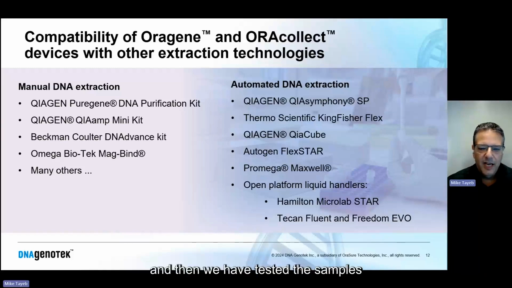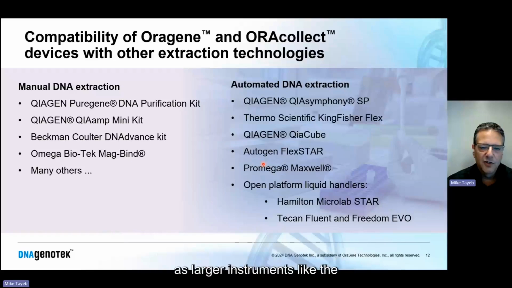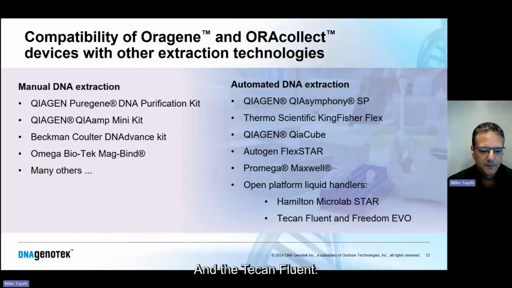And then we have tested the samples on automated DNA extraction as well. Some smaller platforms like the QIAGEN QIAcube, for example, as well as larger instruments like the QIAsymphony, Hamilton Microlab Star, and the TECAN Fluent.